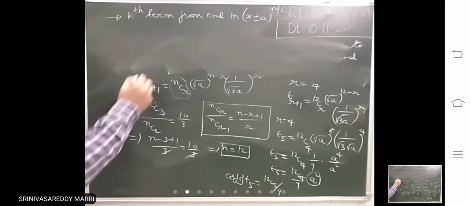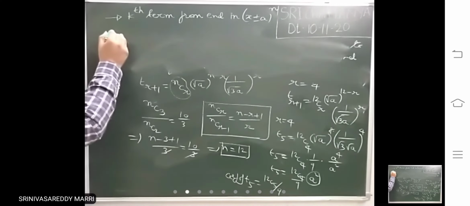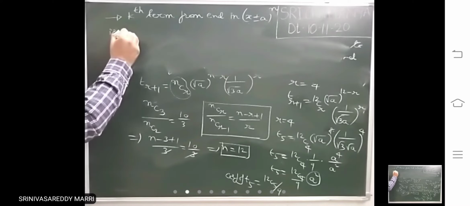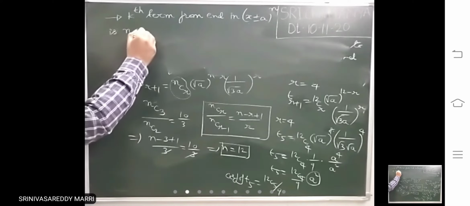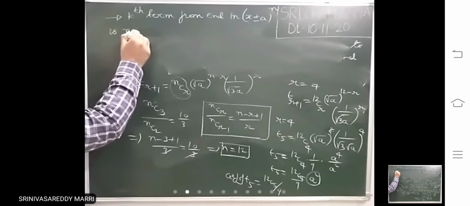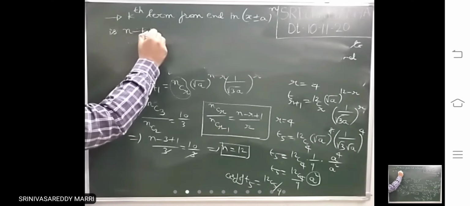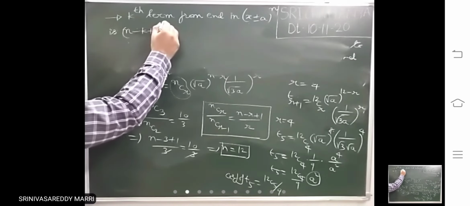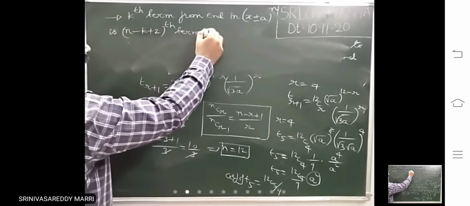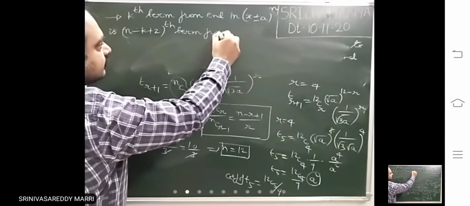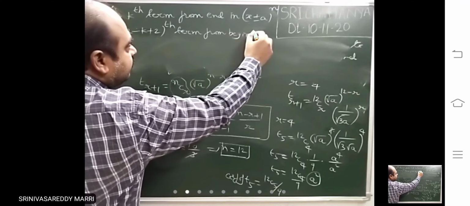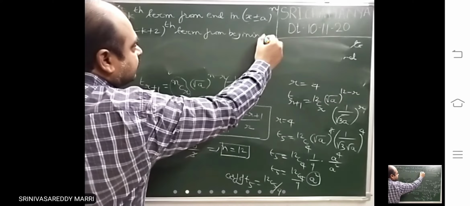Kth term from the end in this expansion is n minus k plus 2th term from the beginning. Always we will use the formula.